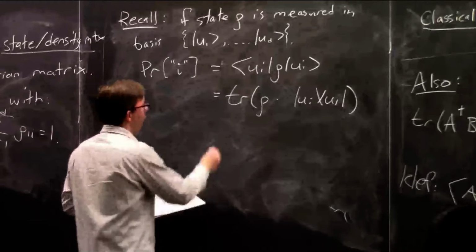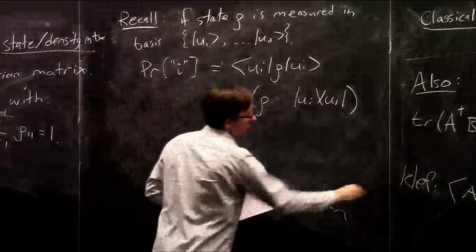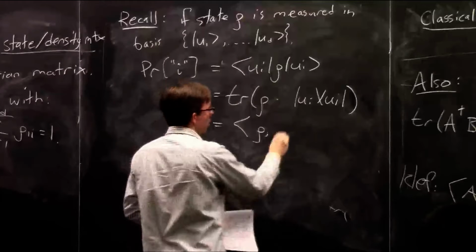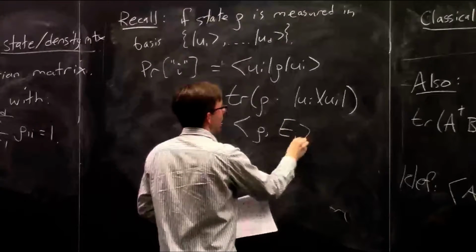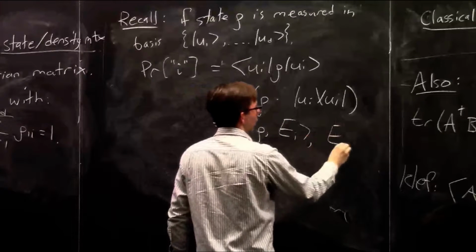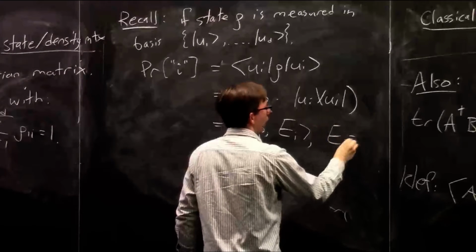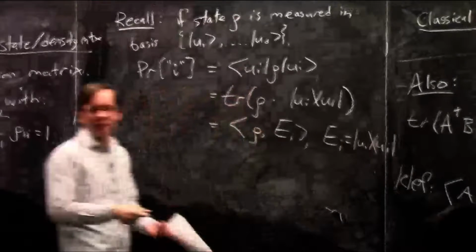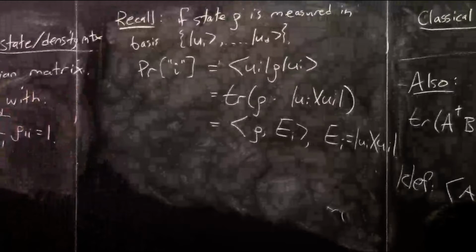And therefore, with this notation that we invented, this is rho matrix interproducted with the matrix EI, where EI is this matrix that is written here. This matrix is the project onto UI matrix.